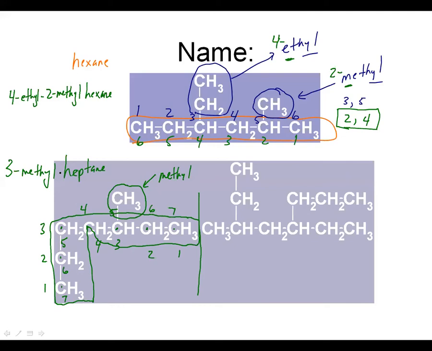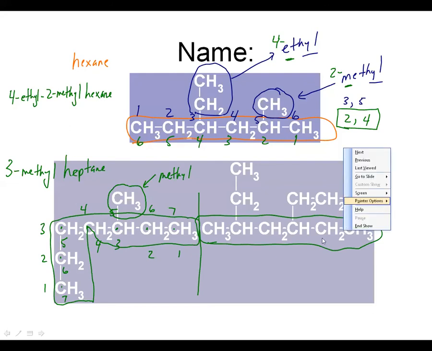Now, if we look to our guide to the right, there's a lot going on there. So let's see here. If we just go straight across, that is 1, 2, 3, 4, 5, 6, 7 carbons. All right.